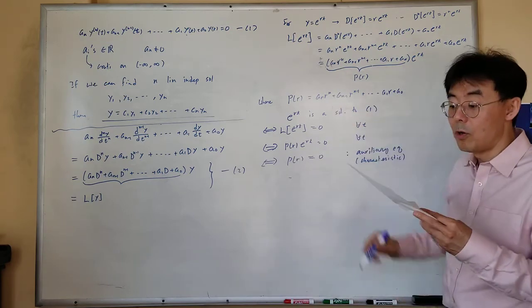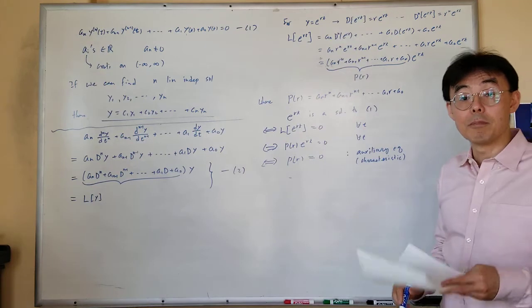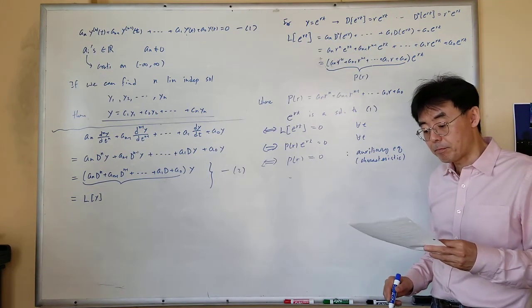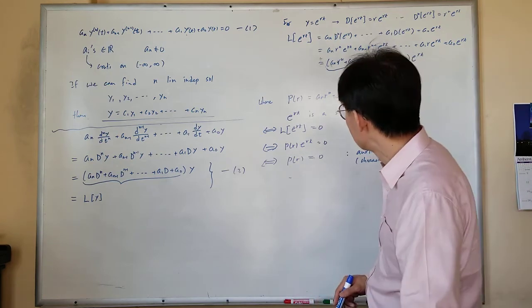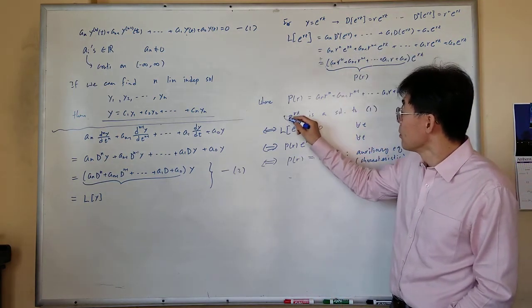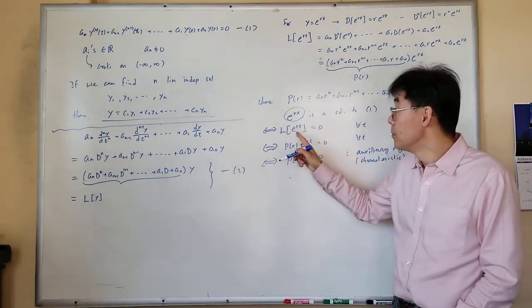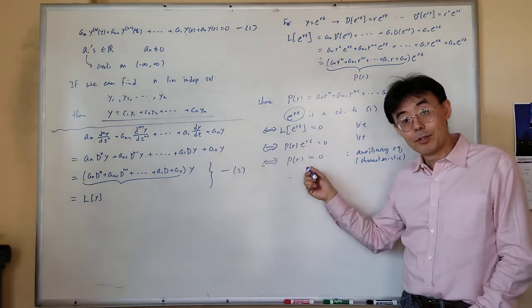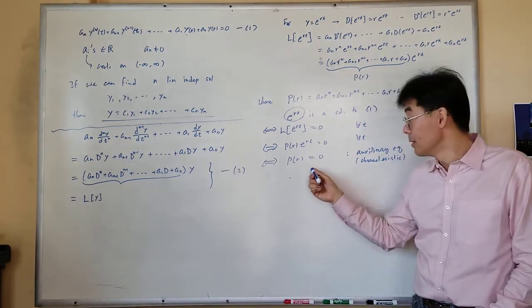And this is called the auxiliary polynomial or characteristic polynomial. So in order to find a solution of this form for this equation, you have to solve this equation.